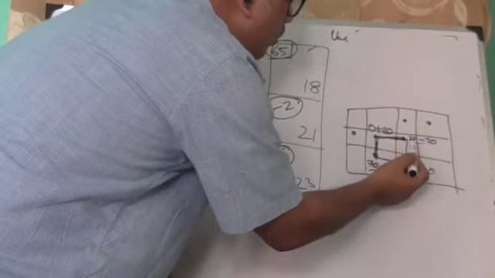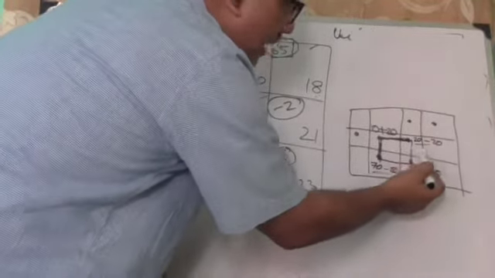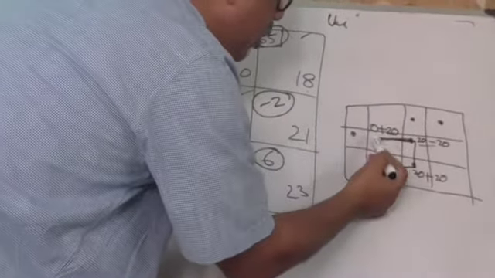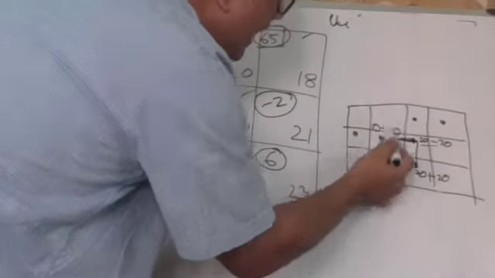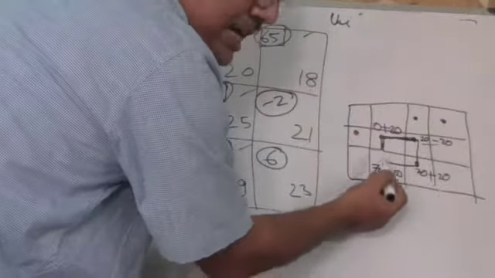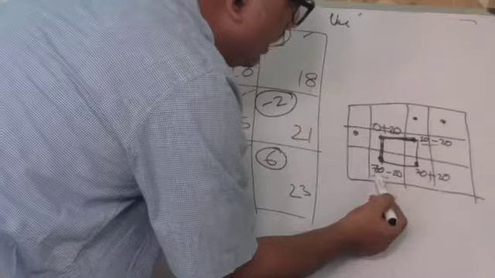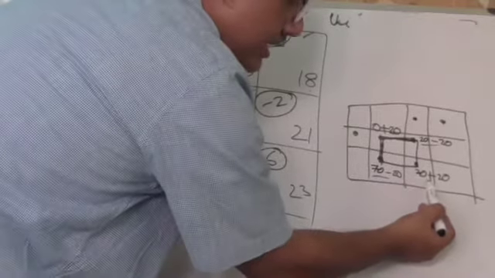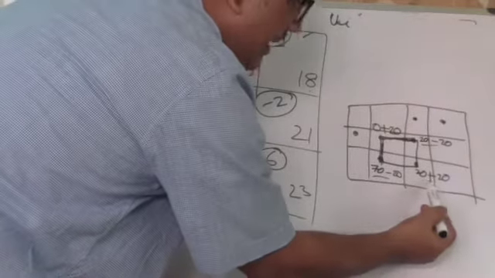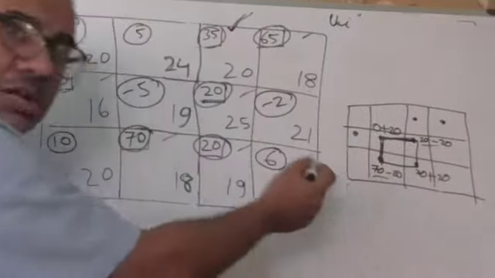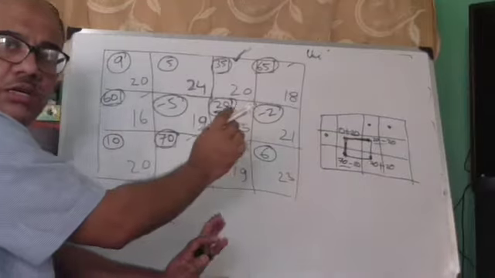We compare 20 and 70, and the minimum value will come here. So 0 plus 20. If 20 increases in this column, then 20 has to be decreased, so I'm doing 70 minus 20. If it is decreased here, then the next one will be increased, so 20 plus 20. That's how the total balance remains unchanged.